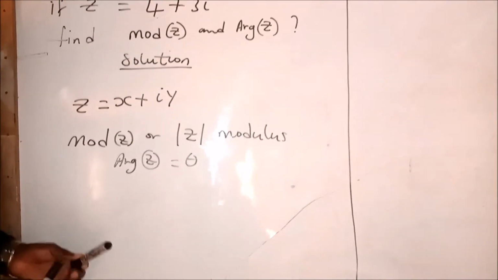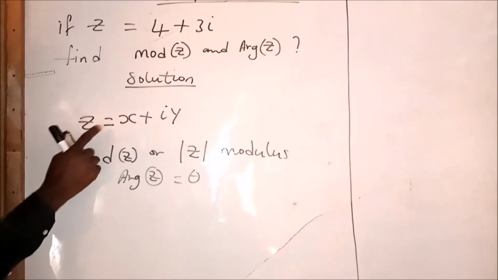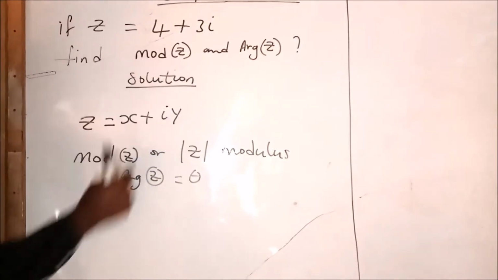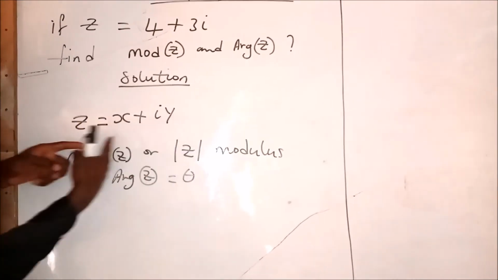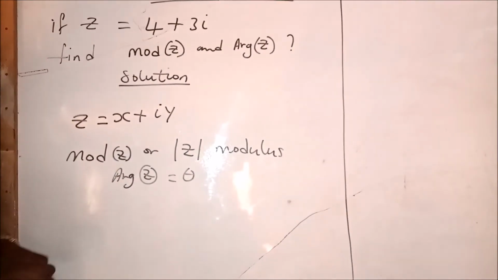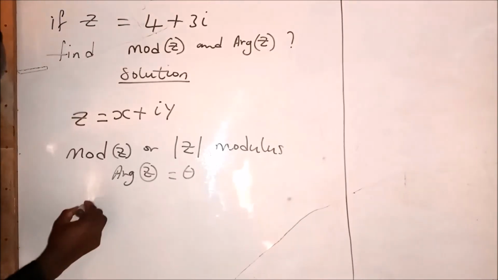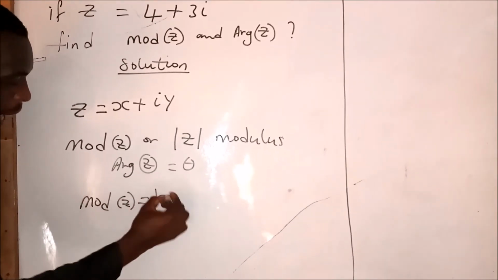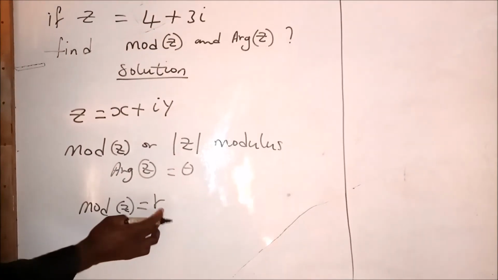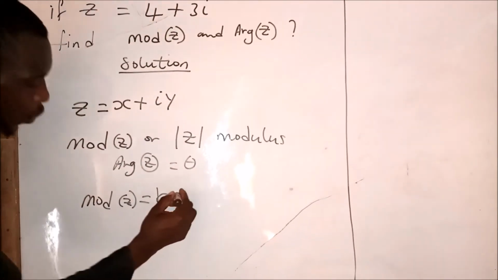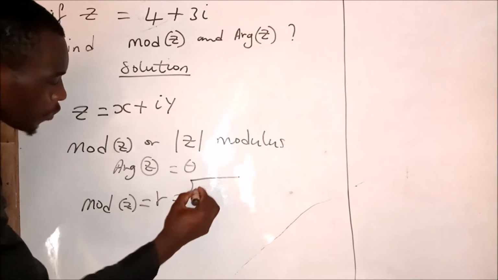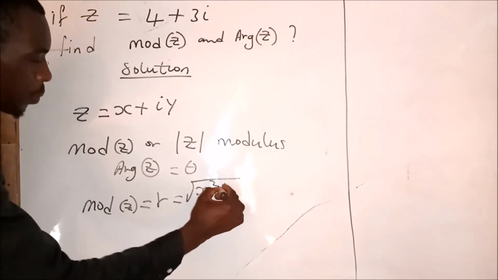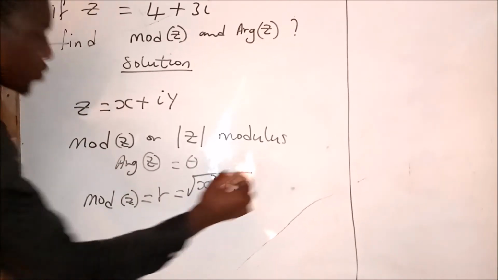Now, for us to get the modulus of z, using this general form of a complex number in Cartesian form, we have that the modulus of z, which is r, the small letter r being the symbol of modulus of z, is given as the square root of x squared plus y squared.